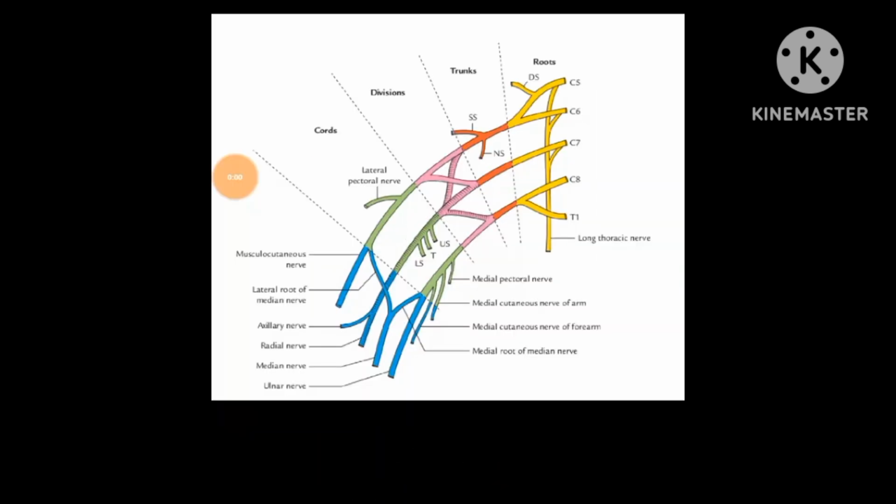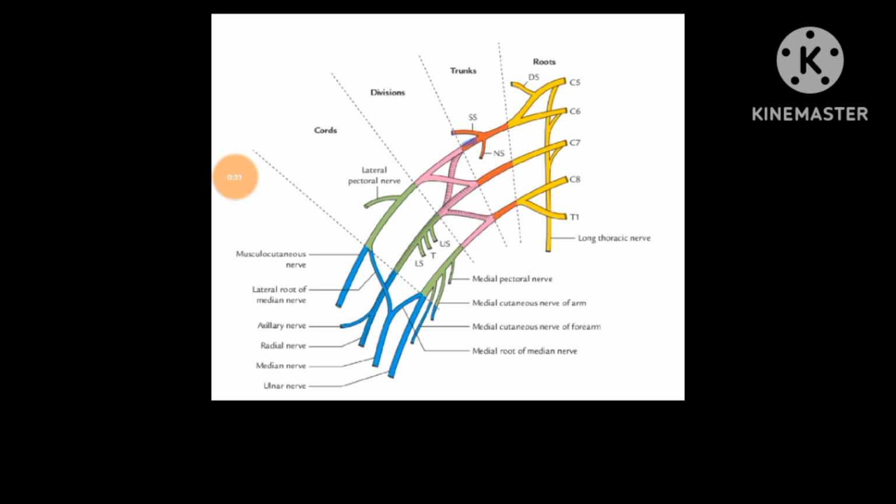We have studied about the roots. These are the roots C5, C6, C7, C8 and T1. These roots are the anterior primary rami of C5 to T1 spinal nerves. We have studied about the trunk.